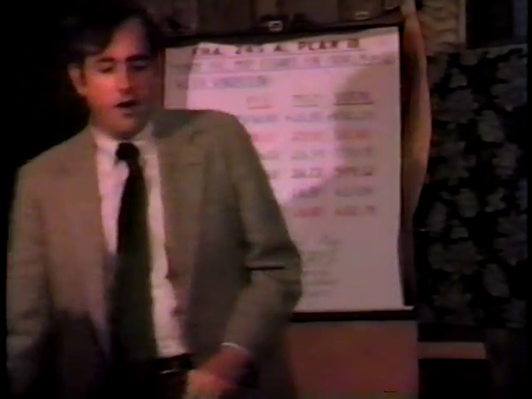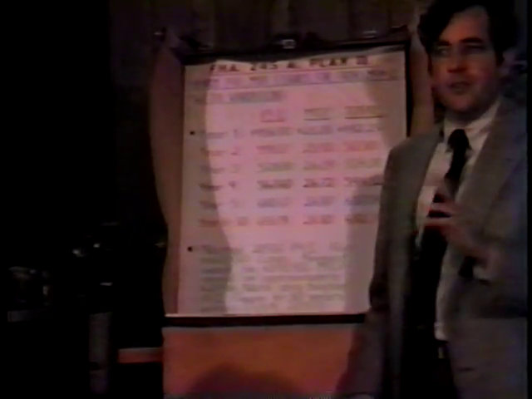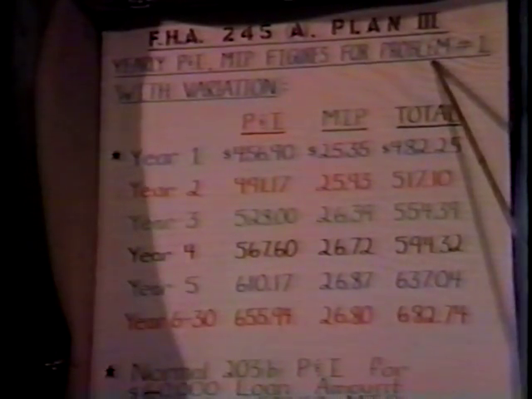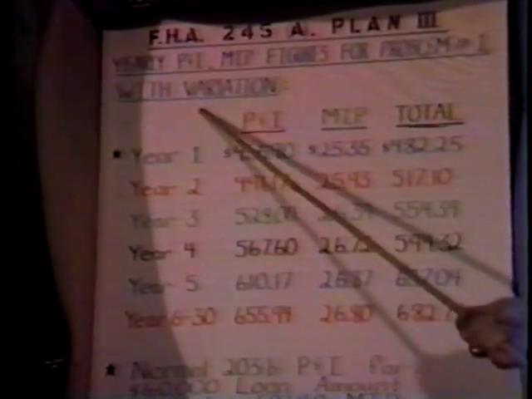Now look at what I did for you all. Thank you, Mr. Hollinger. Did all this work here, okay, for 1 through 30 years. For what? Well, you have to read the top. FHA 245 Plan 3, yearly P&I, MIP for problem 1. That problem we see, we carry all the way through here. With variation, what does that mean?